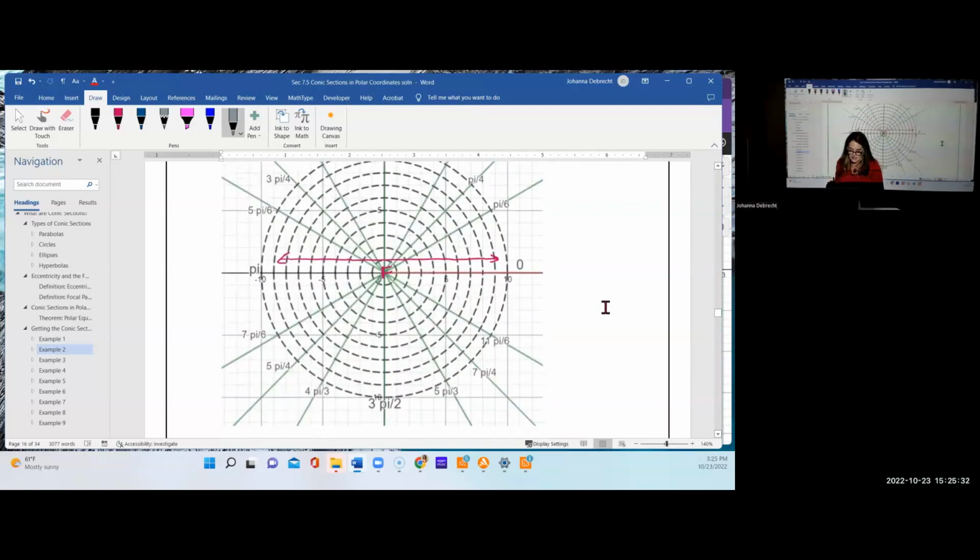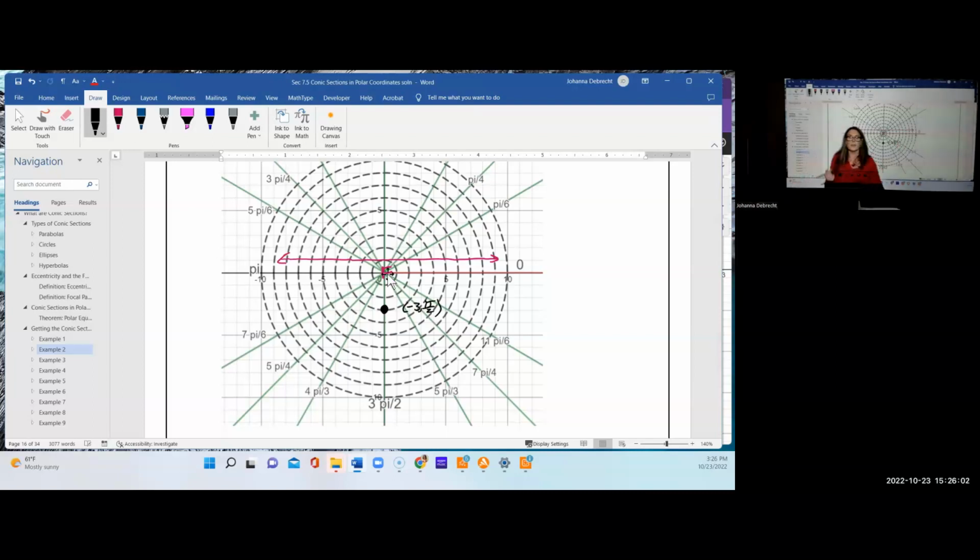Because the radius is negative, it's actually going to plot down along the 3 pi over 2 line. And the distance is 3, so we come out 1, 2, 3 on the third radial circle, and we plot that point. And the coordinates of that point are -3, pi over 2, in the polar coordinate system. Now I've got that one.